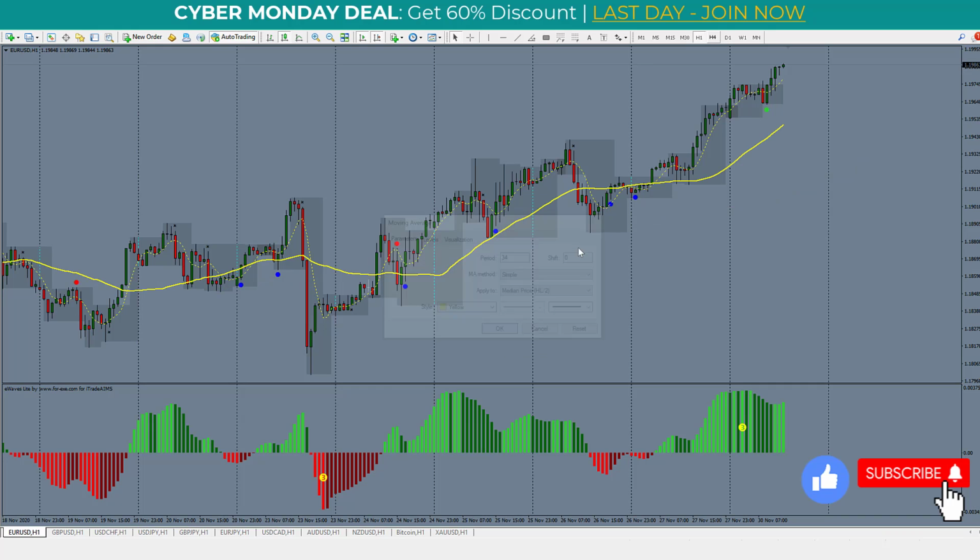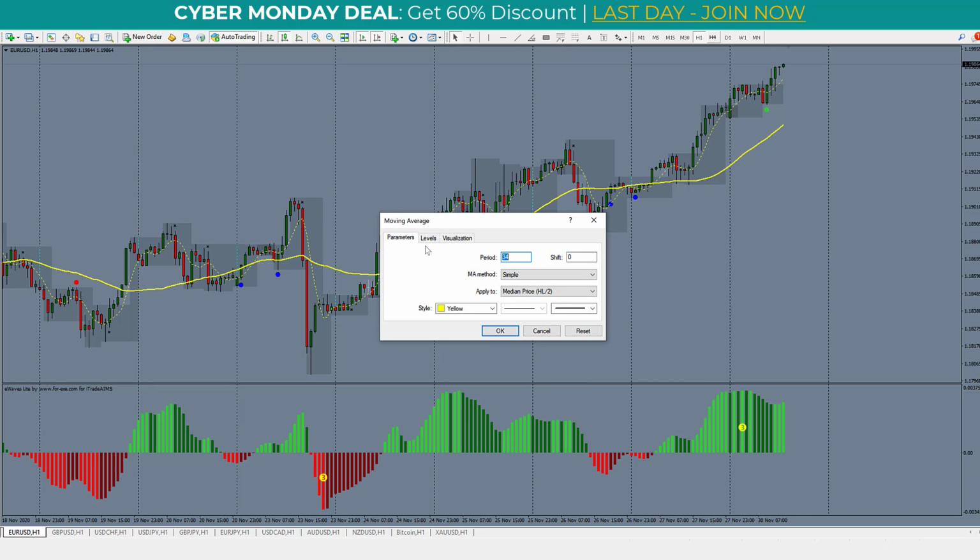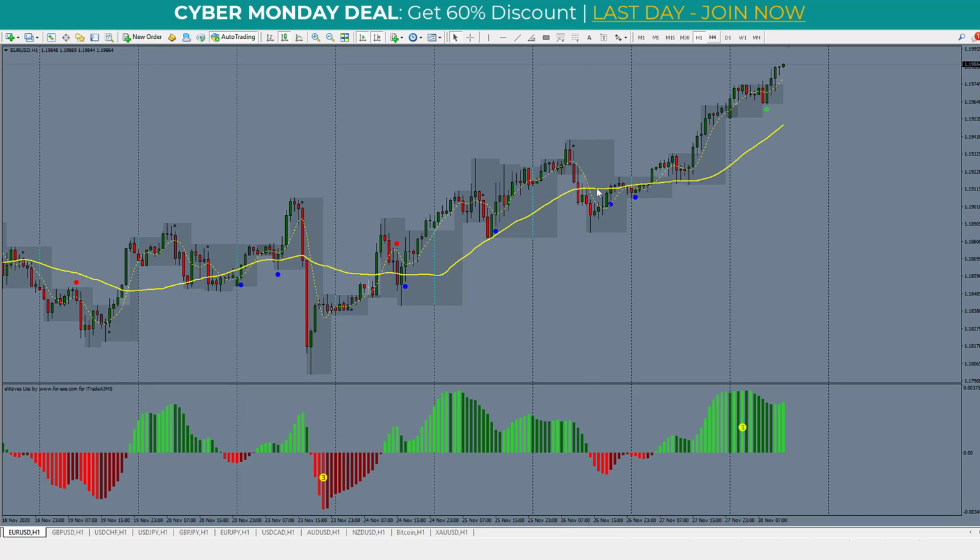So this is basically a 34 simple moving average, the thick line, and the dotted line is 5 simple moving average.